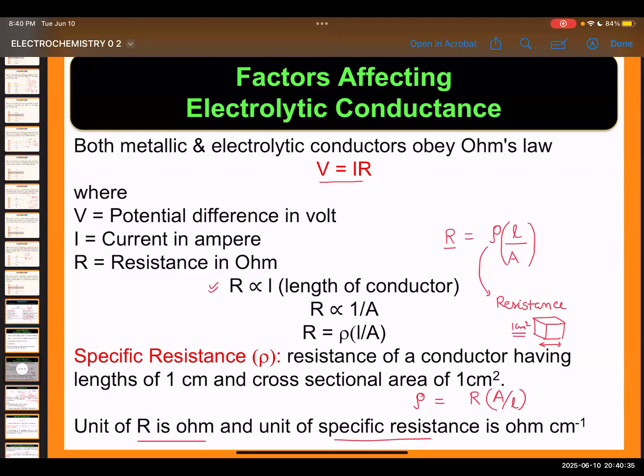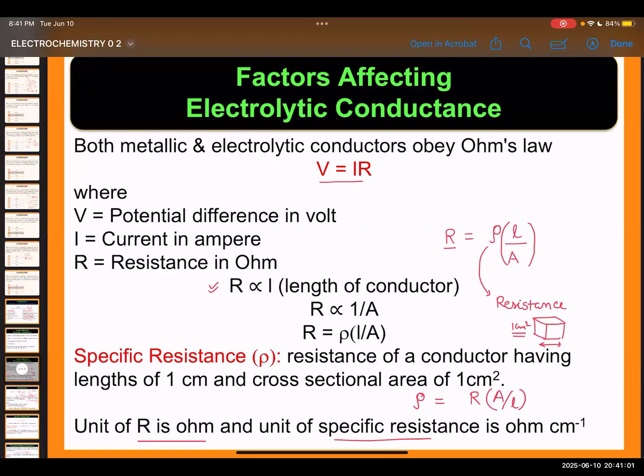So let's quickly recap what we discussed in the last class. We were discussing basically the current which is flowing. This is Ohm's law that you are very much familiar with from your physics.